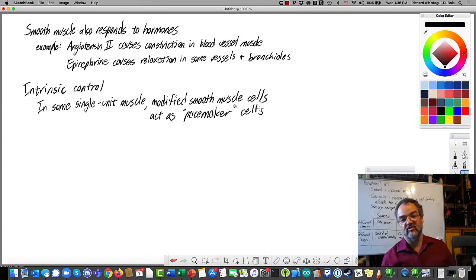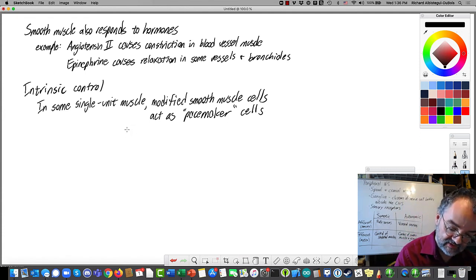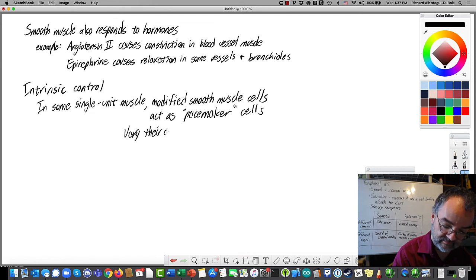These cells generally are set up so that they can change their own membrane potential. They can alter the number of channels that are open to cause their membrane potential to rise or fall, which can then cause what amount to smooth muscle action potentials, which cause that particular mass of single unit muscle to contract when it gets that electrical signal. So these can vary their own membrane potential and cause their own contraction signals.